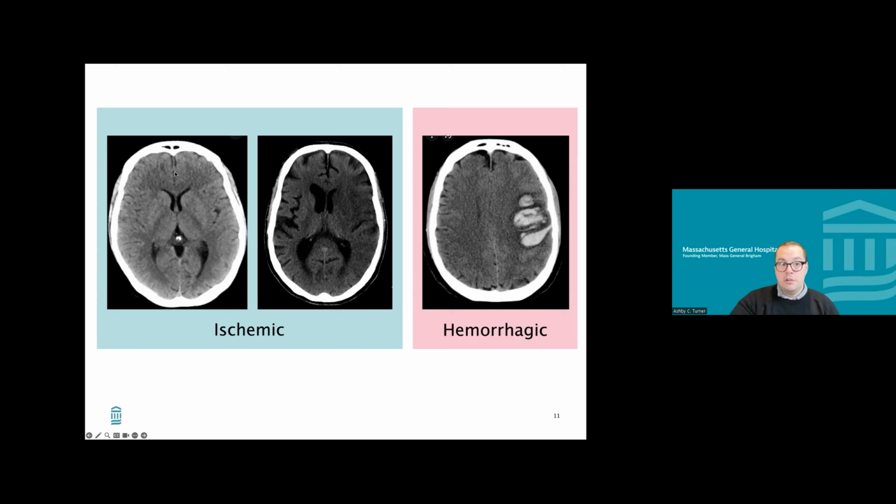This is a normal looking CAT scan, and this is an X-ray. CAT scan is an X-ray derived image that is very quick, very rapid to obtain. Any hospital would have this capability, and so that's why we always encourage patients, if they're having stroke-like symptoms, to get to the nearest facility, the nearest hospital, even if that may not be the hospital where they receive the majority of their care.